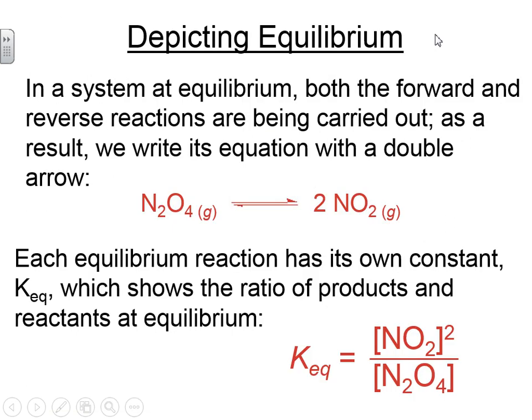Now, to depict equilibrium, we'll use a double arrow. So in this case, we're using a double arrow. You can actually draw it like this as well. You'll see me draw it like this most of the time. Sometimes they'll draw a single arrow this way and a single arrow in the reverse direction. But since both reactions are occurring, you reach a state of equilibrium, and this equilibrium contains both reactants and products.